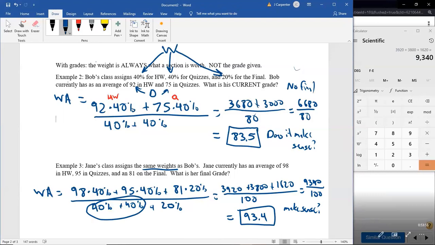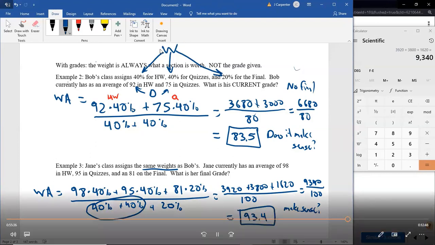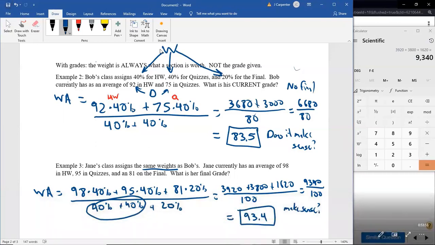Yes, a B is still good, but not as awesome as a mid-tier A. So because we have so much more weight in the good area, I expect my grade to be more good, aka better, and it is a 93.4. If we swap these grades, let's say this was like an 81, this was like an 82, and then this was the 95, then our average would be closer to the mid-80s because our worst grades would be taking over more than the good grades.